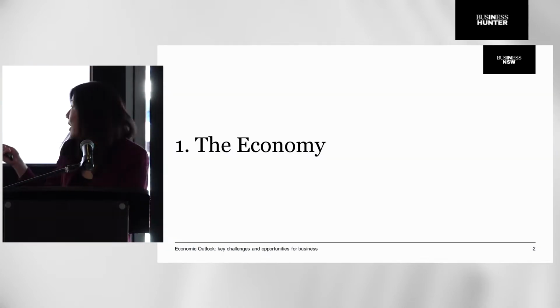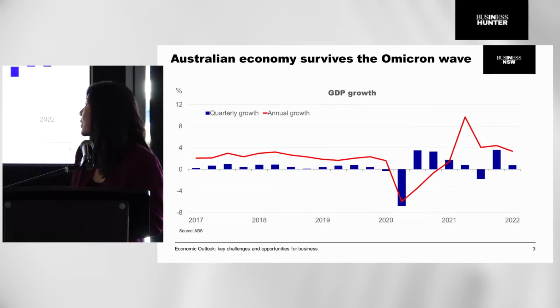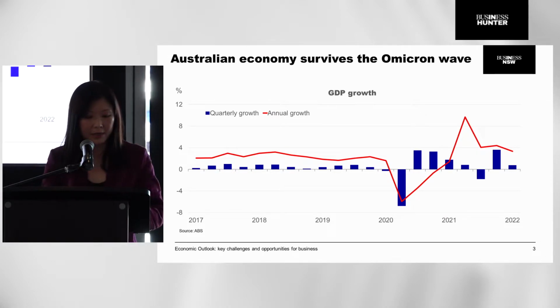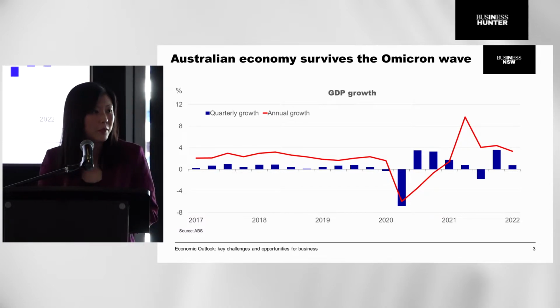So now let's start with the economy. This chart shows you the GDP numbers. The blue bars are the quarter-on-quarter growth, and the red line shows you the year-on-year economic growth. What this graph clearly shows us is that prior to the pandemic, as you can see on the left-hand side, economic growth was relatively stable from quarter to quarter.